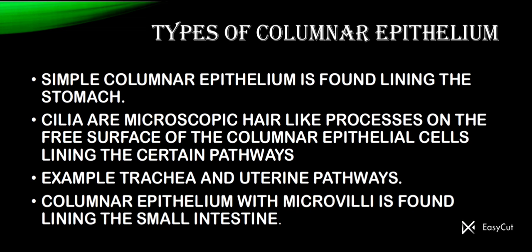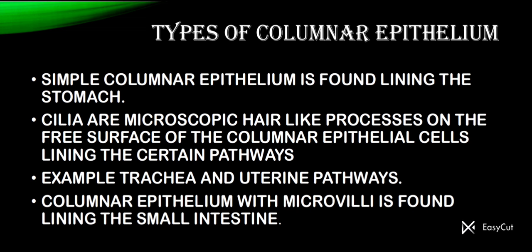This is present in the small intestine and helps with absorption of food. So these are the three main varieties of columnar epithelium: simple columnar epithelium, ciliated columnar epithelium, and columnar epithelium with microvilli.